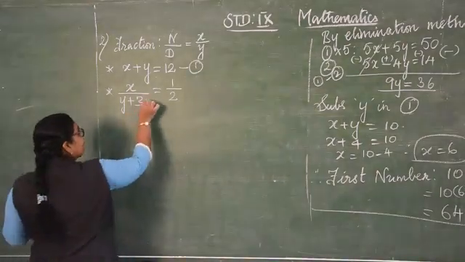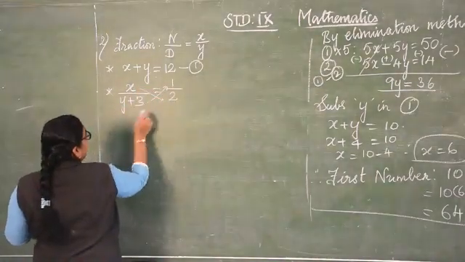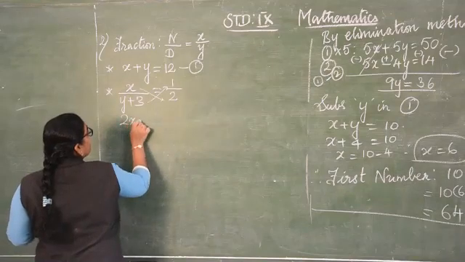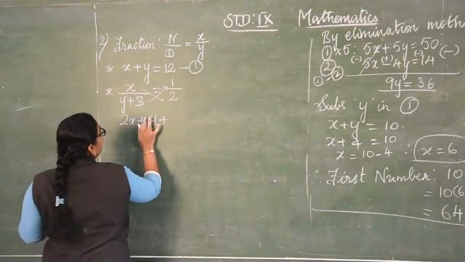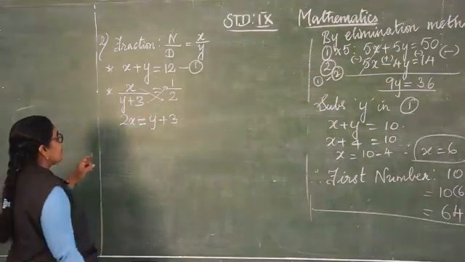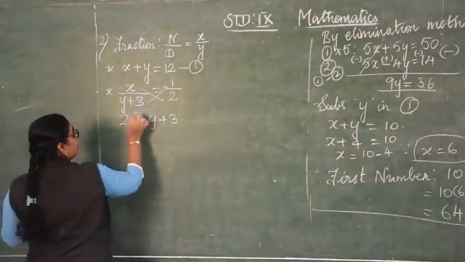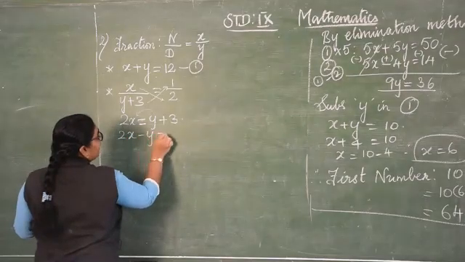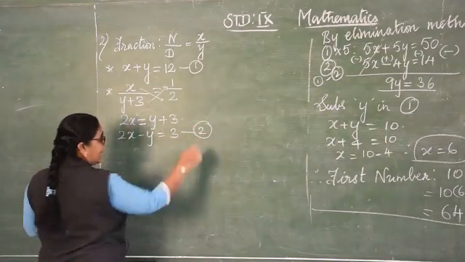So, cross multiply to get a linear type. So, this will become 2x is equal to y plus 3. Bring y to one side. So, 2x minus y is equal to 3, this is your second equation.